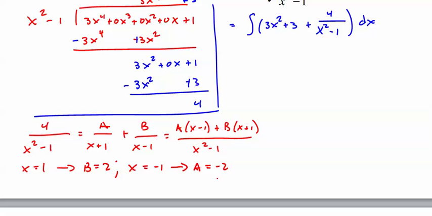Confirming my work. Looks good. So one more time up here. Keep blocking off my work.